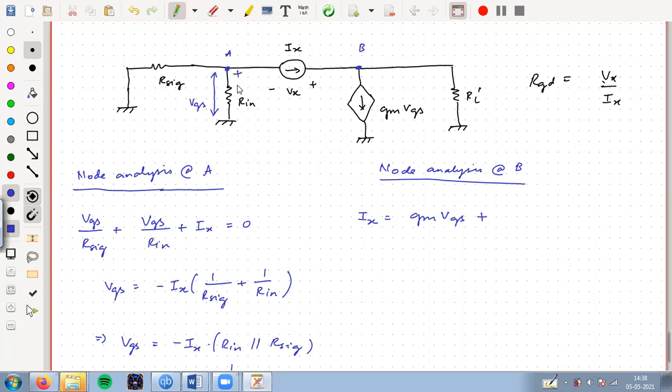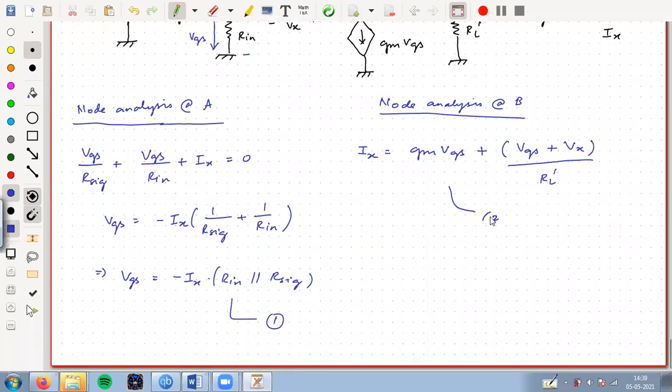Remember, VGS is plus minus, Vx is also plus minus, so both these voltages will be added and seen at point B. So I write it as VGS plus Vx divided by RL prime. This is something you have to understand; go back to your earlier sums, where nodal analysis was done. I will call this equation 2.